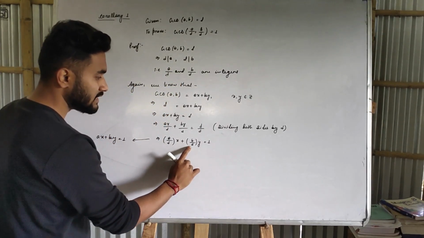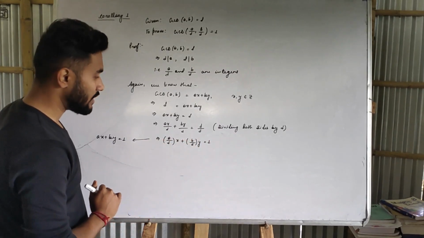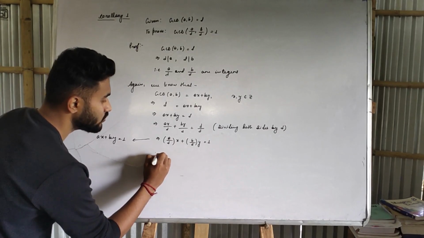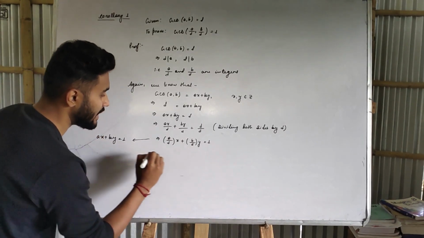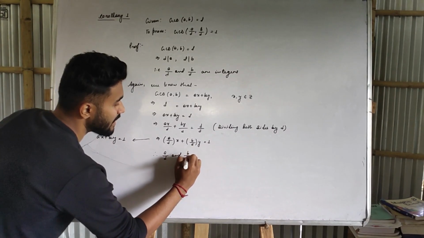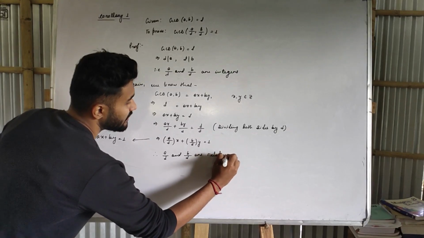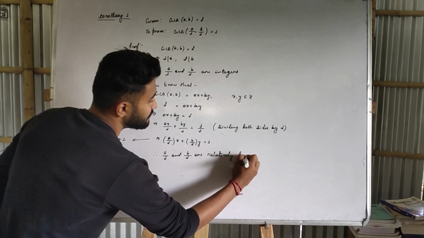Since these are integers and it looks like AX plus BY is equal to 1, therefore we can use theorem 5 that A by D and B by D are relatively prime.